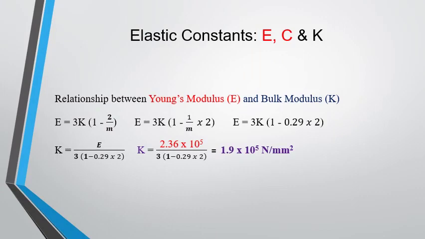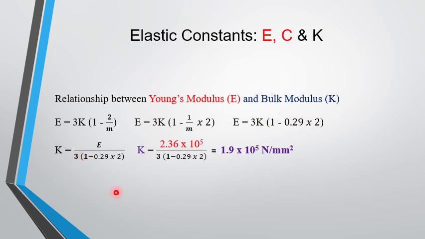And the relationship between E and K, Young's modulus and K. We can find K from the relationship E is equal to 3K into 1 minus 2 by m. So 1 minus 2 by m can be written as 1 minus 1 by m into 2, because 1 by m is called Poisson's ratio. So E equal to 3K into 1 minus 0.29 into 2.